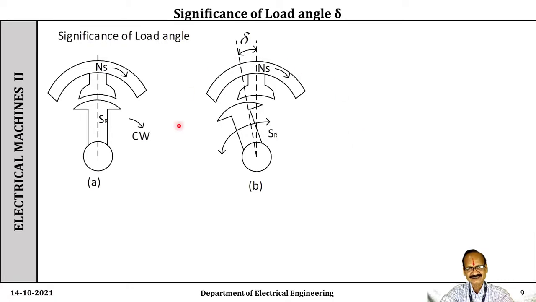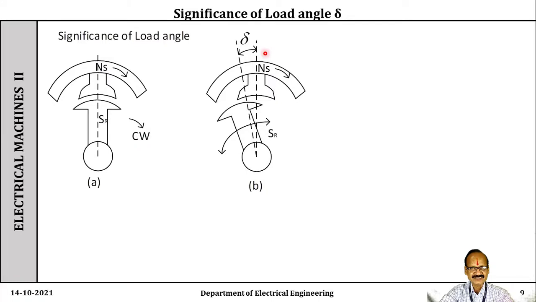In this case, the explanation is similar to figure 1, except that this is at no load and supplying the losses. That means it is drawing some armature current. Here, if you observe carefully, this is the stator polar axis and this one is the rotor polar axis.